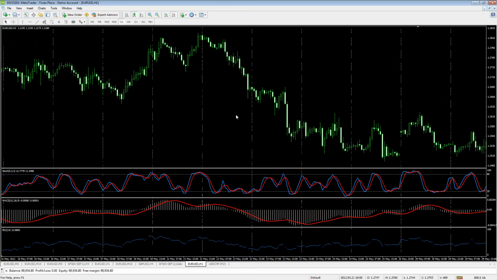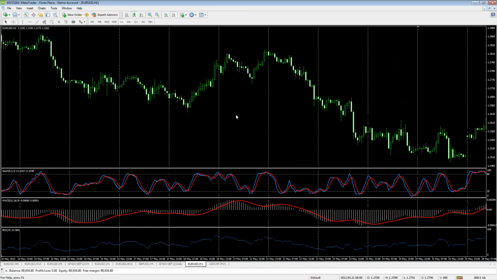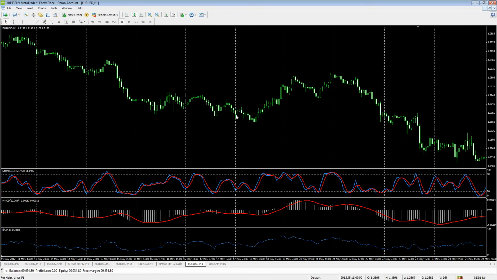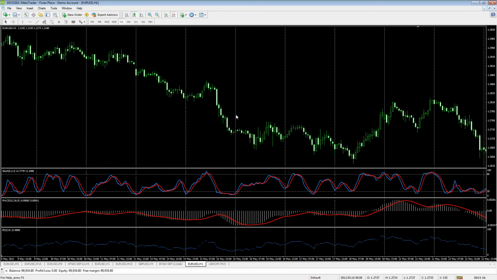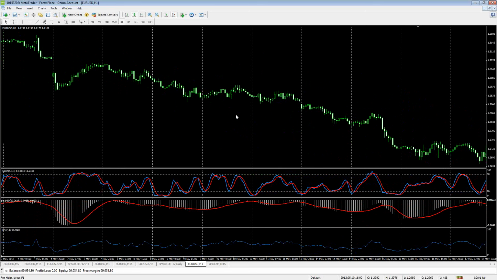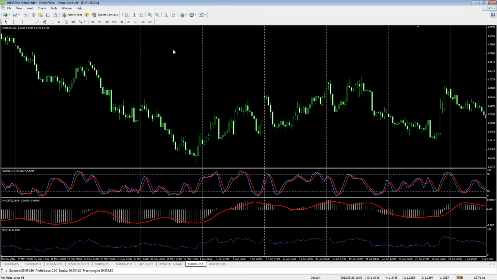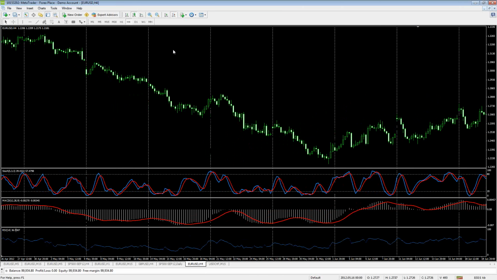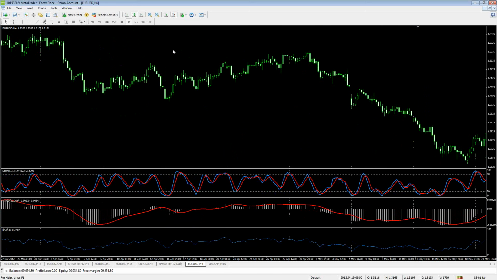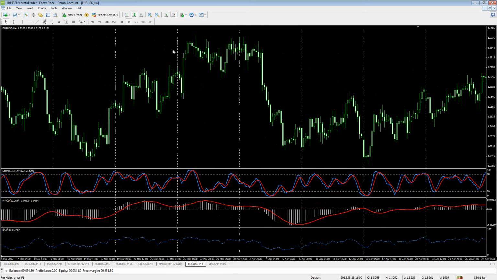I may be missing other patterns here, because I do see many double tops and double bottoms. Okay, let me just take a look here. Okay, I see mainly continuation patterns here.